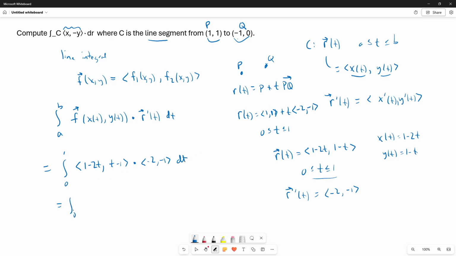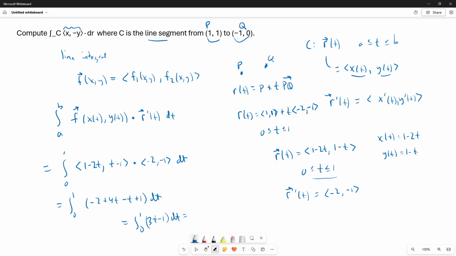Let's compute this dot product. We get -2 plus 4t, and then minus t plus 1, dt. Now we get a basic integral in t: it's 3t minus 1 dt.